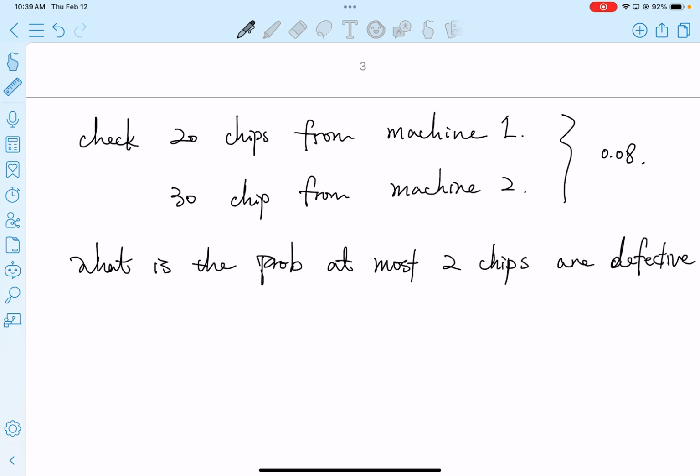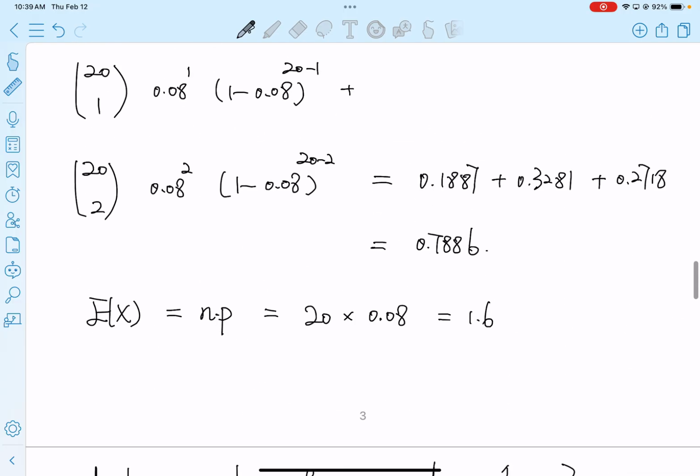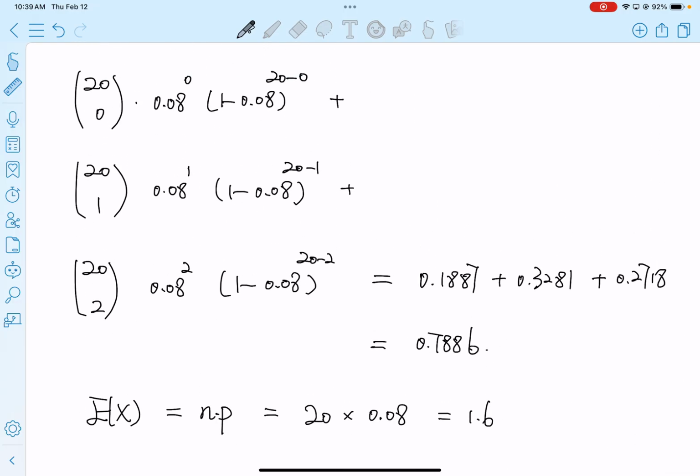And then let me just restate your answer in a different way. So when we solve the probability of at most 2 from the first machine, we identify that we need to use the binomial probability mass function.